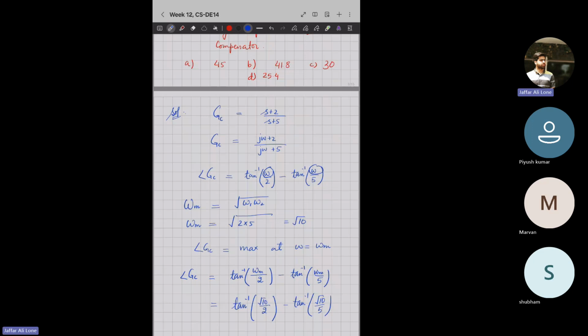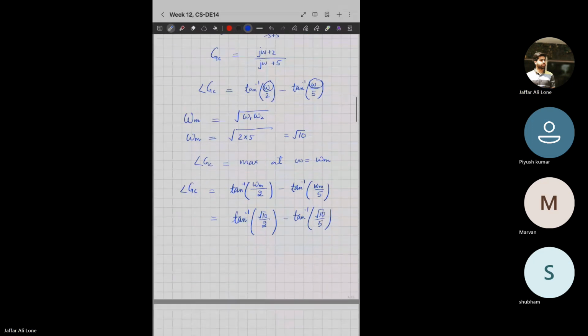Tan inverse of under root 10 over 2 minus tan inverse of under root 10 over 5 is 25.37. So this should be the correct answer. Did everybody get this? 25.37 should be the answer, the maximum phase lead.